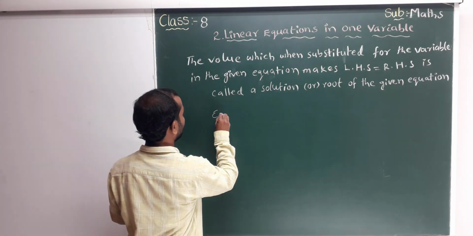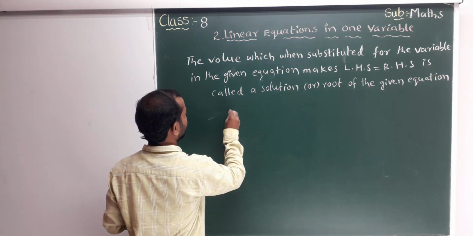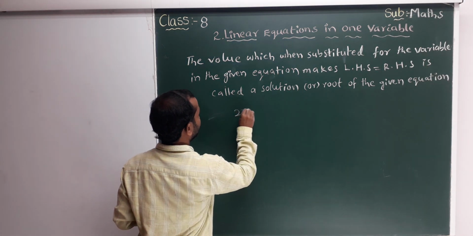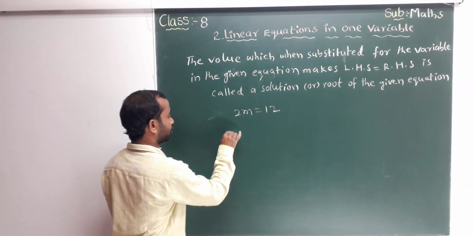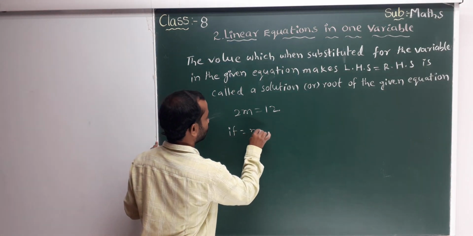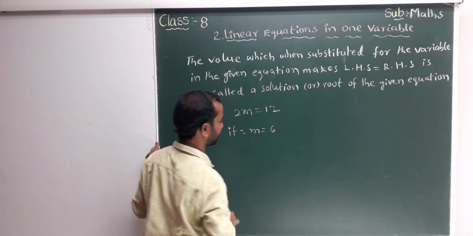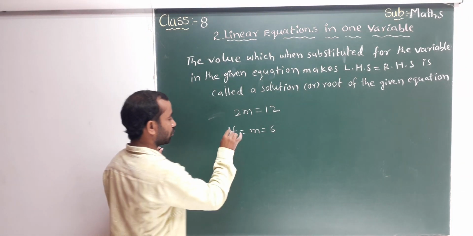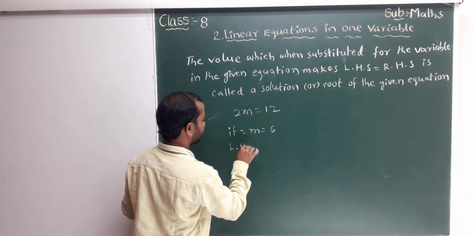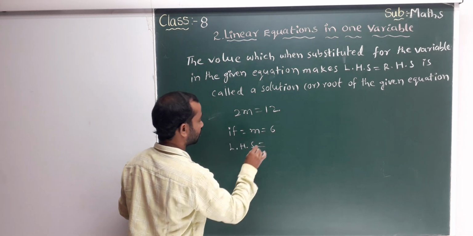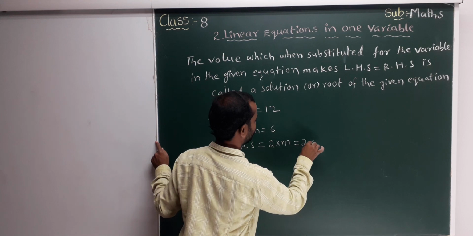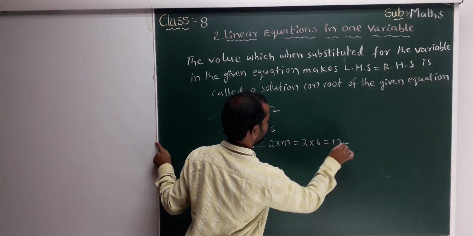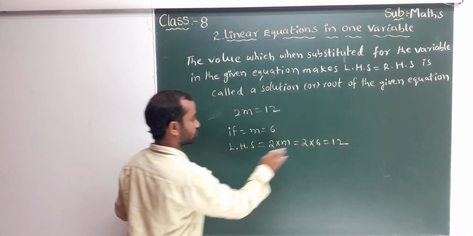For example, 2m equal to 12. In this linear equation, if m equals 6, first of all we check the LHS part. 2 into m equals 2 into 6, so the value of LHS equals 12.